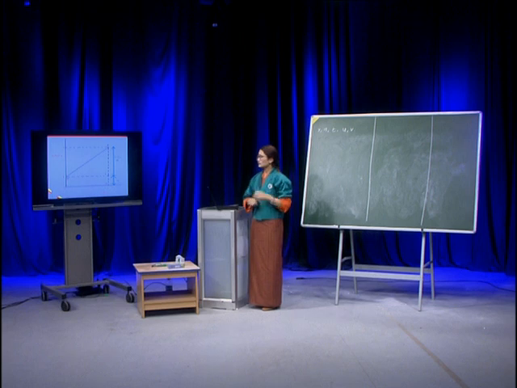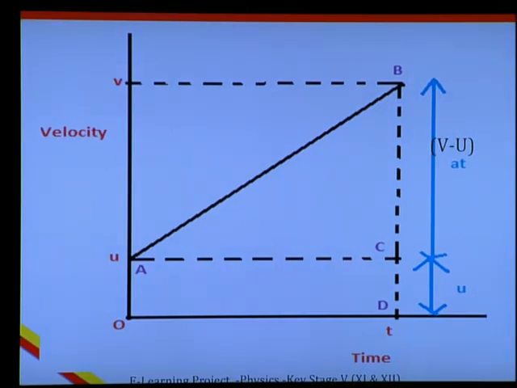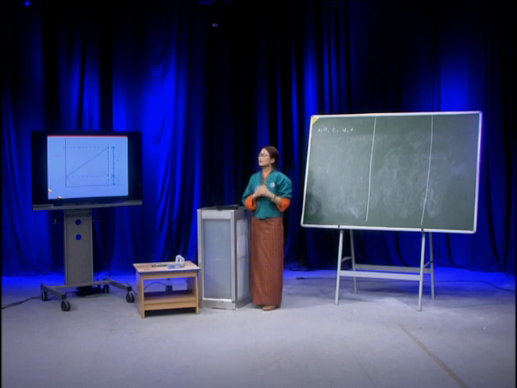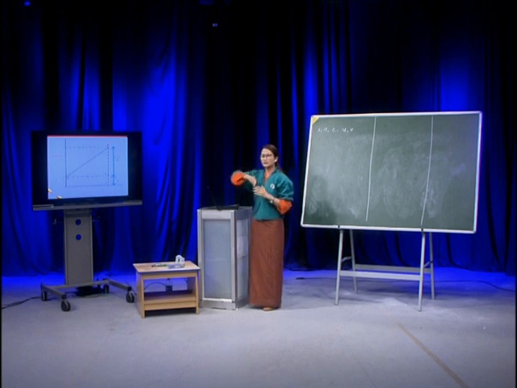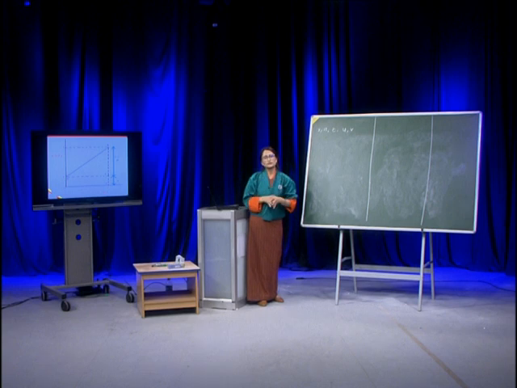In the previous presentation, you have seen that from the velocity time graph, if we calculate the slope of the linear graph, we actually get the acceleration. So we are going to use that concept here and calculate the slope of the line AB. The slope will give us the acceleration.